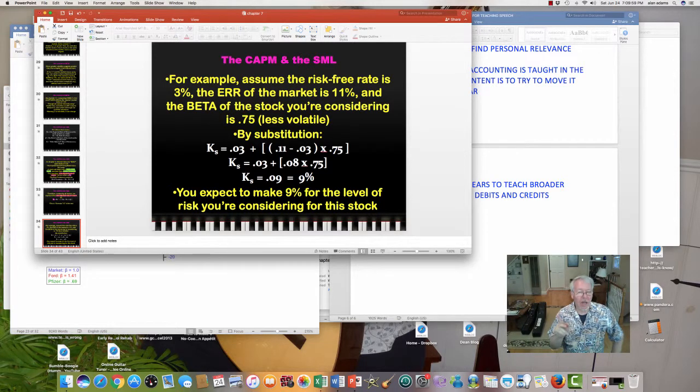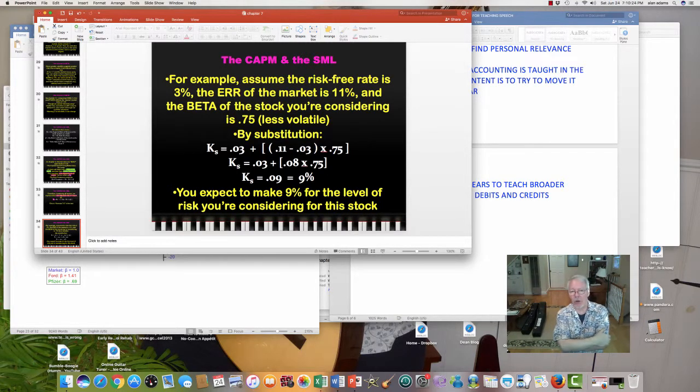Now, I want you to look at the market return. It's 11%. If a stock you're considering is not as risky as the market, then you know that you're going to get a result less than 11%. So there's a little check for you. You can intuitively know that you're going to be expecting a rate of return less than 11%. Why? Because your stock is not as risky as the market.